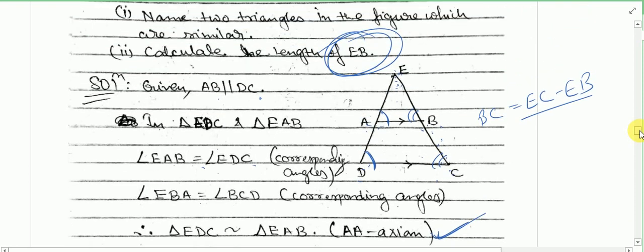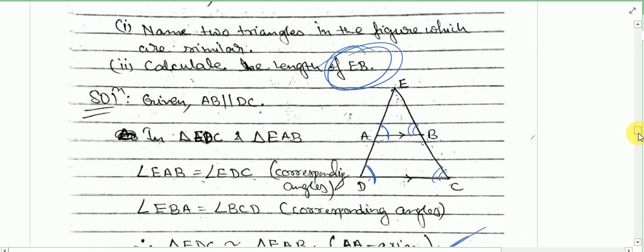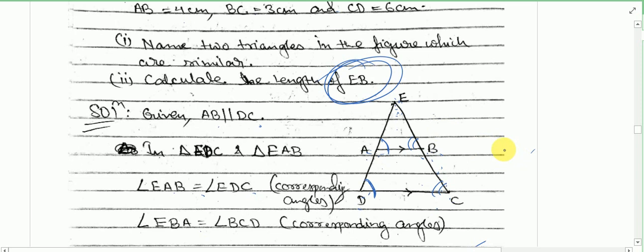One second, let me check. EC is not given. So for EC what we can do? EC can be written as EB plus BC.